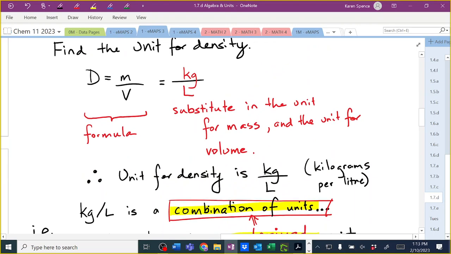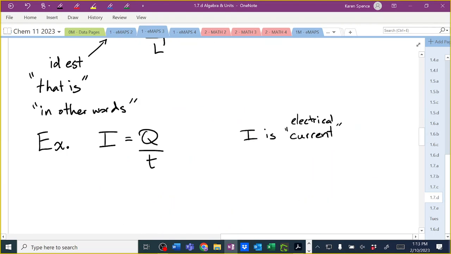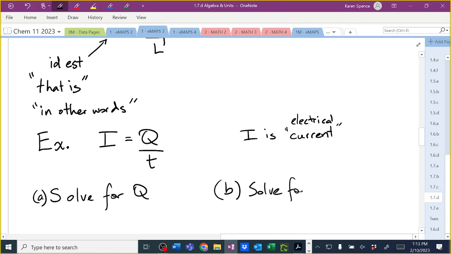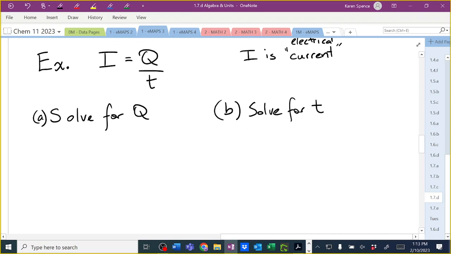For now, what we're going to do is take this equation and A, solve for Q. B, we are going to solve for T. And then C, we are going to find the unit for current.